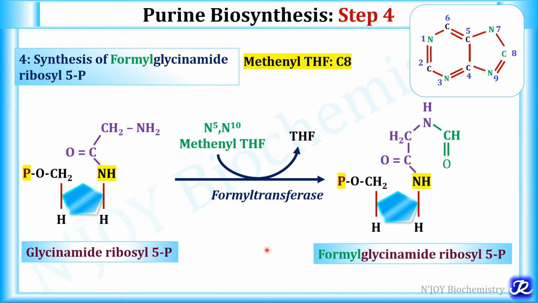Only the formyl group is added here, and that's why the product is formylglycinamide ribosyl 5-phosphate. So this fourth step is responsible for the contribution of the carbon present at the 8th position.